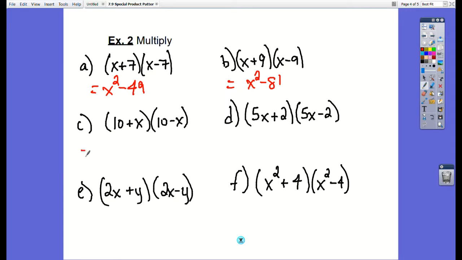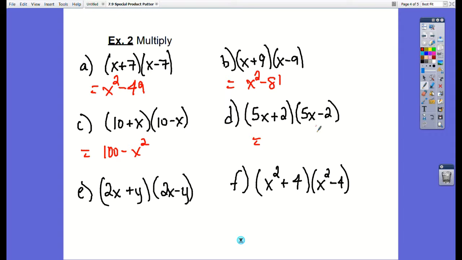All right, our next one, we got (10 plus x) times (10 minus x). Anyone we haven't heard from yet today? Is it 100 minus x squared? There you go. Next one, we got (5x plus 2) times (5x minus 2). I think we've heard from almost everybody.